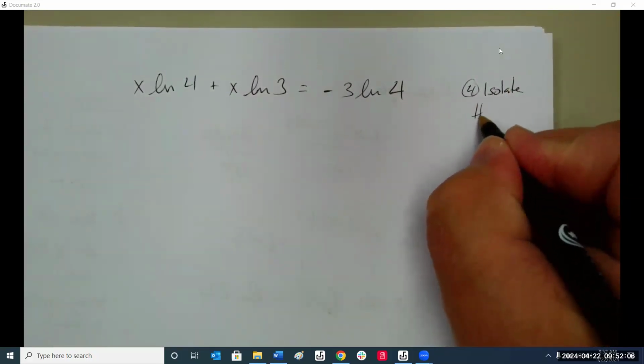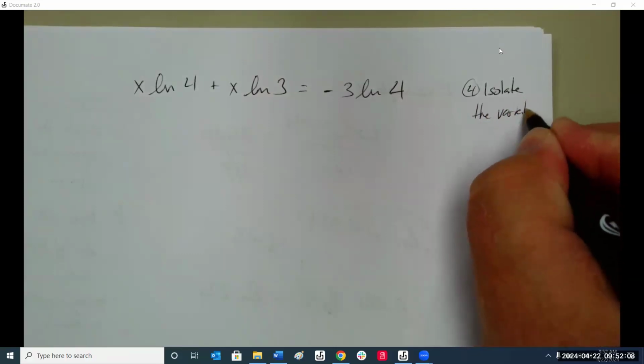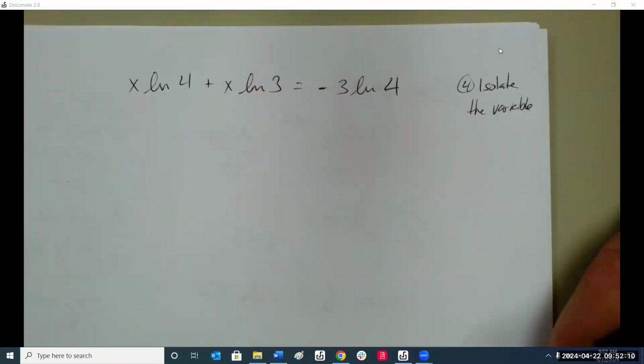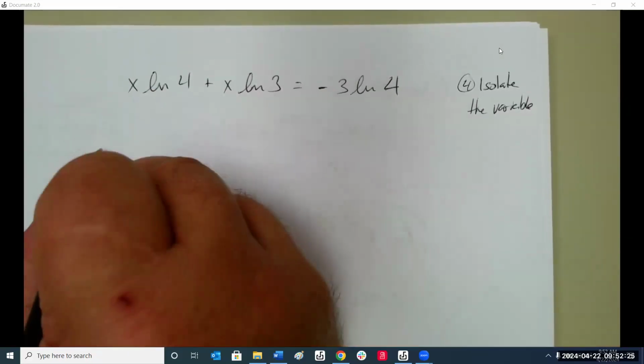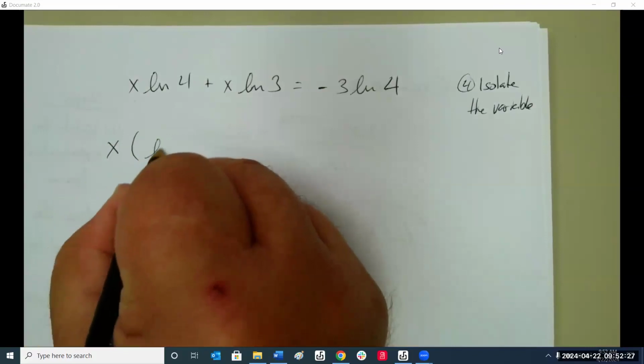Isolate the variable. So how do we get x by itself? Well, since both terms have x's, we can factor out the x.